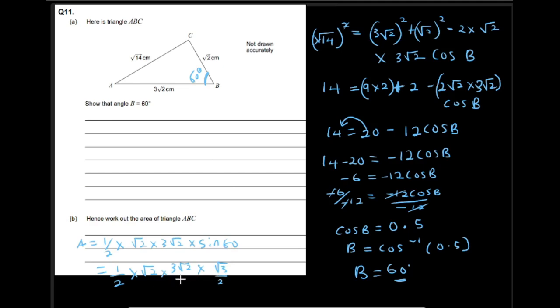So we have root 2 times 3 root 2, which gives us 3 times 2, which is 6. So 6 times root 3 gives us 6 root 3 all over 2 times 2, which is 4. This can further be simplified to 3 root 3 over 2. So the answer here is 3 root 3 over 2 cm squared.